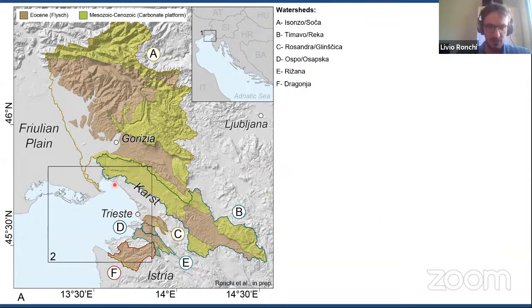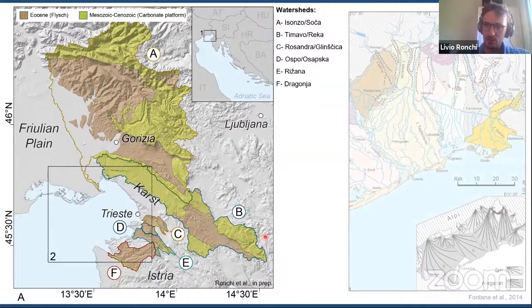This is the classical karst. It's going to be important later: while Isonzo has much sediment from its flysch lithologies, Timavo doesn't carry many sediments, and much of its path goes through karstic cavities.